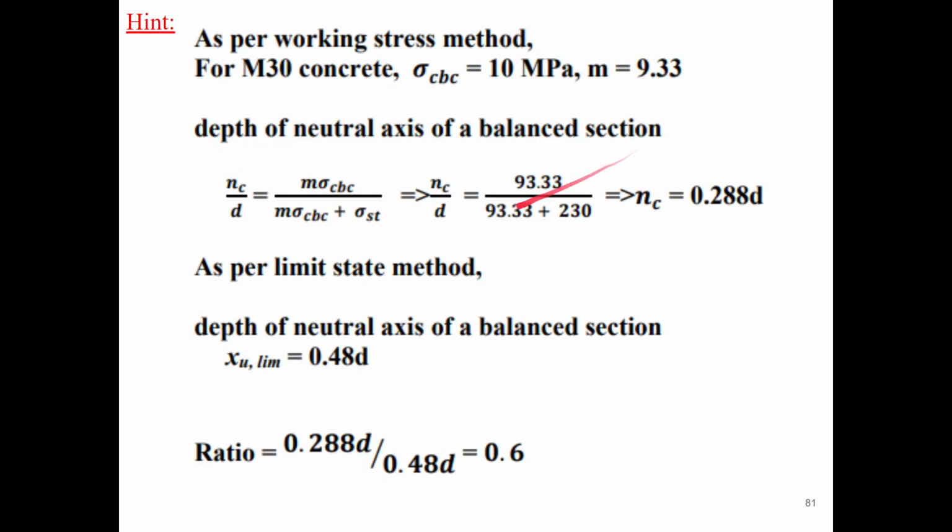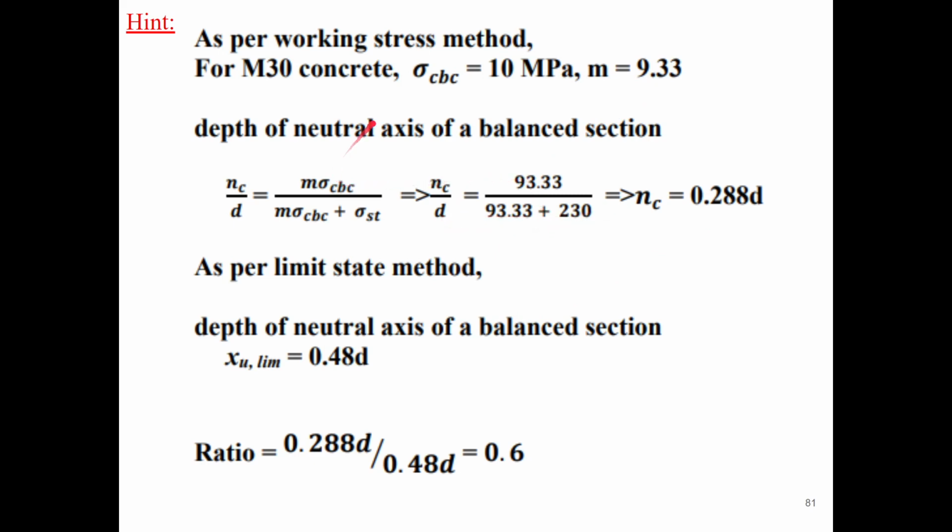And for working stress method, it is the last equation which you use, m sigma cbc by m sigma cbc plus sigma st. Sigma cbc for M30 will be 10, and m will be 280 by 3 into 10, which is 9.33. The sigma st value for Fe415 will be 230.